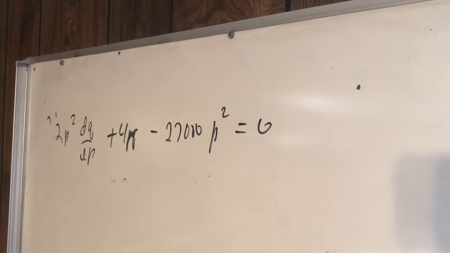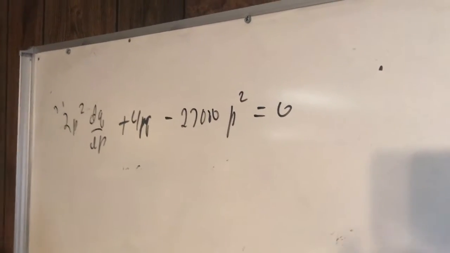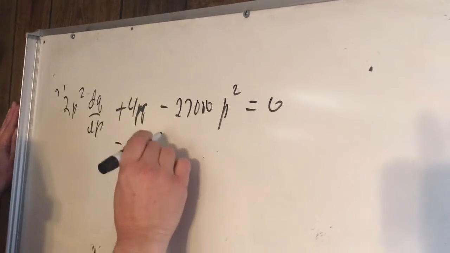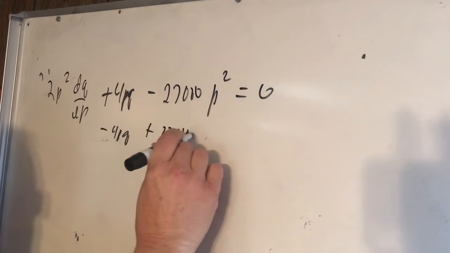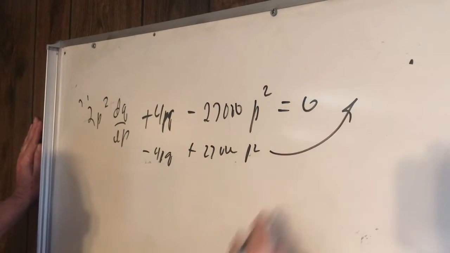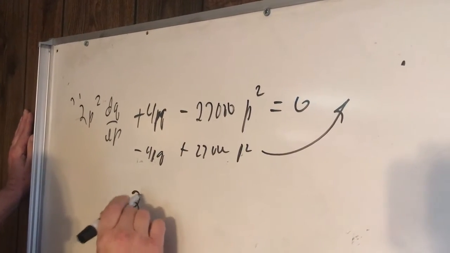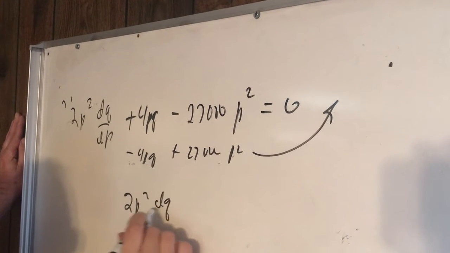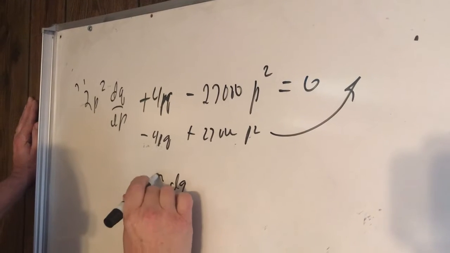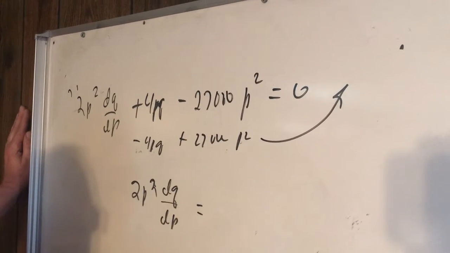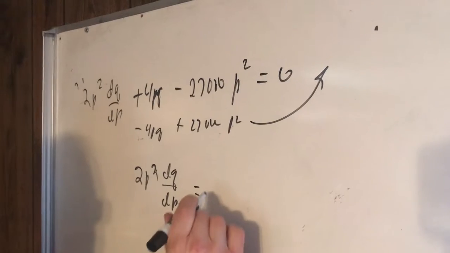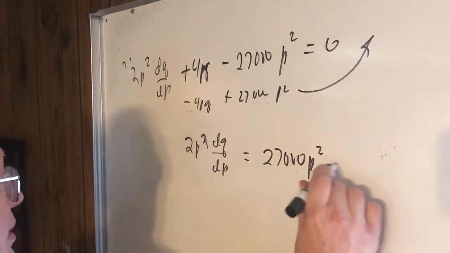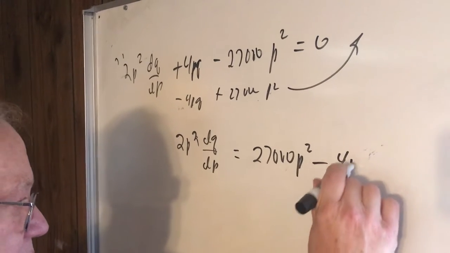I want to solve for dq/dp, so I'm going to bring all these other terms to the other side. I'm going to have 2p squared dq/dp equals 27,000 p squared minus 4pq.